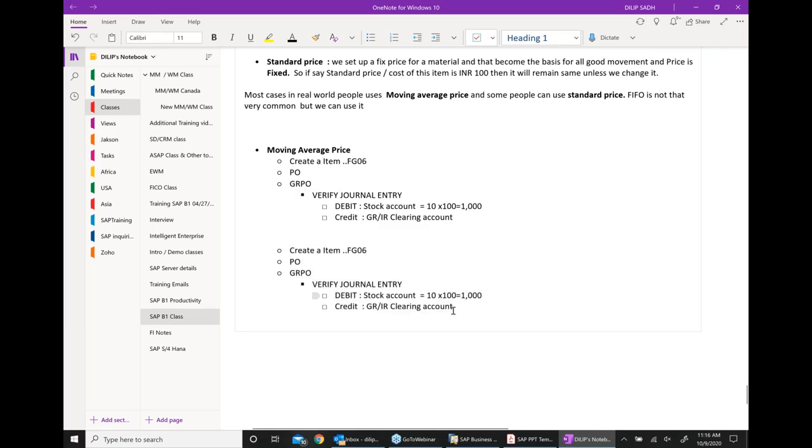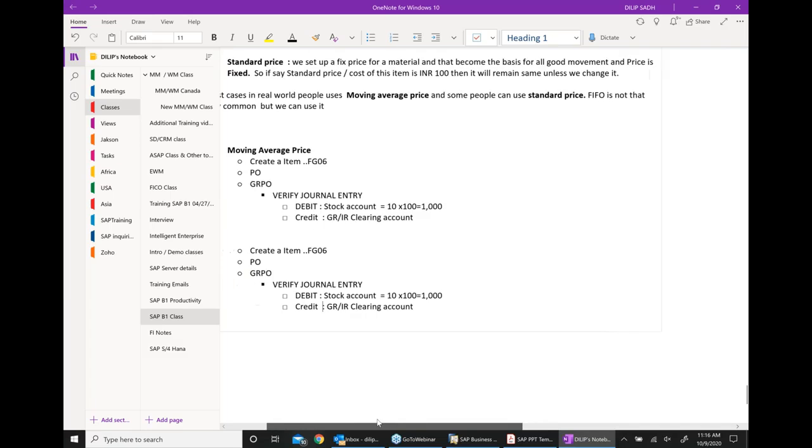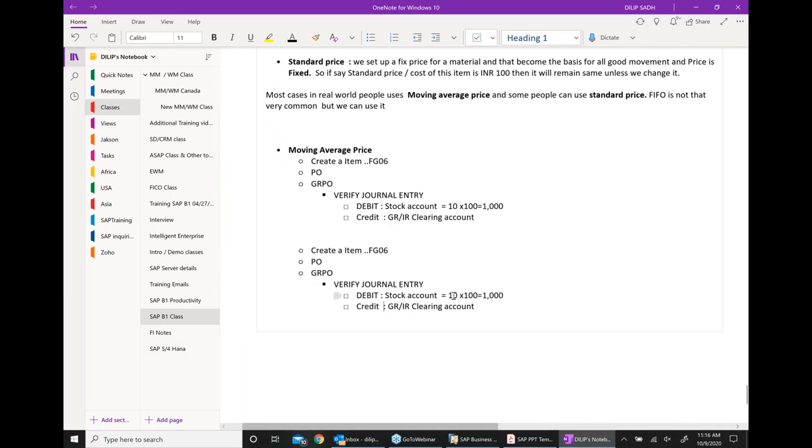So here, in the stock we had 20 pieces. So 20 into 100, 2000.